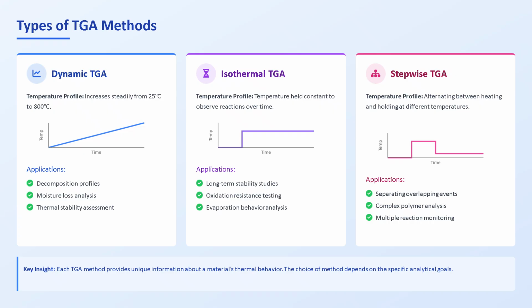Stepwise or modulated TGA alternates between heating and holding periods, making it incredibly useful for separating overlapping thermal events in complex materials such as polymers. Each method offers unique insights into how materials behave with heat.